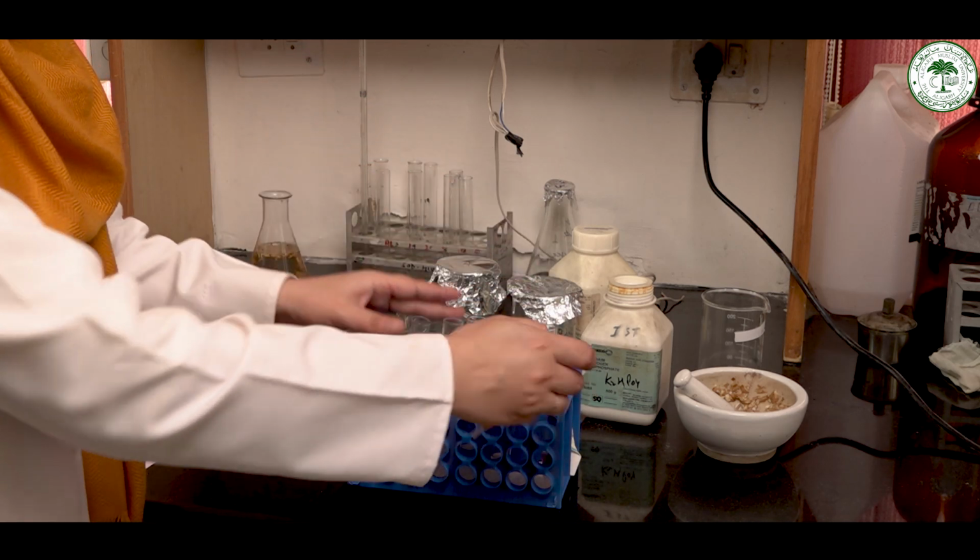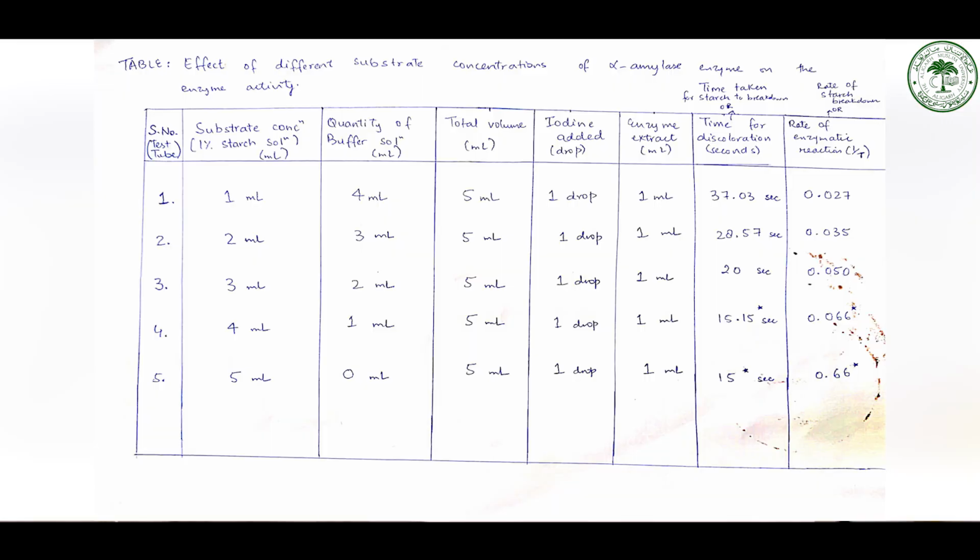The time will be noted in the table. This table depicts the effect of different substrate concentrations on alpha-amylase activity. As you can see, the calculations are approximate measures of everything that we put in each of the test tubes.